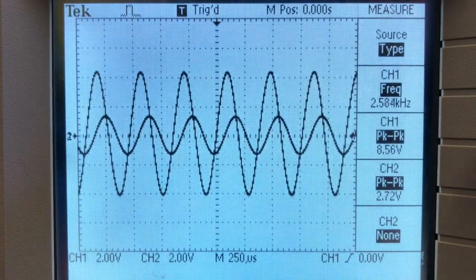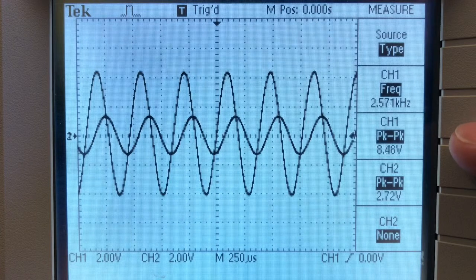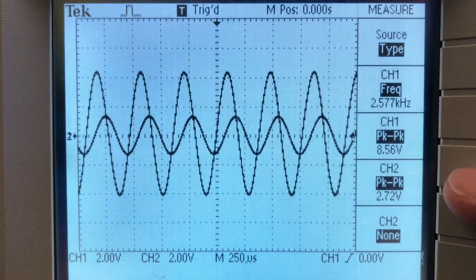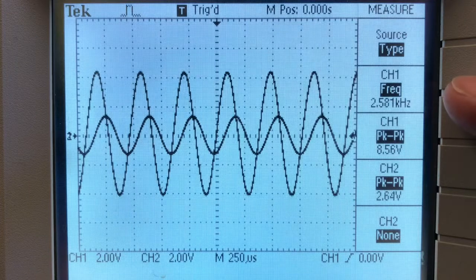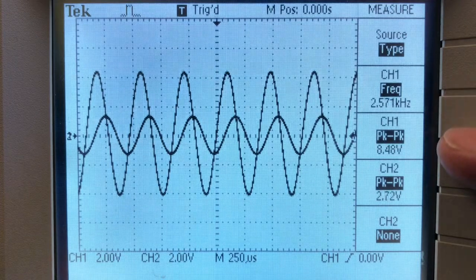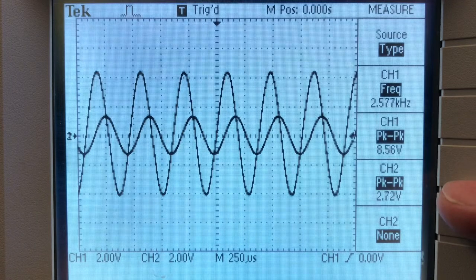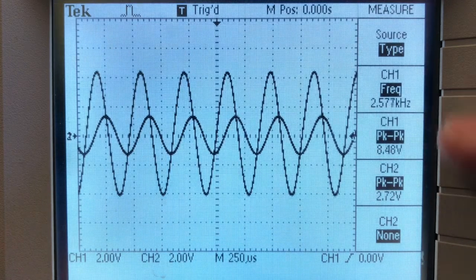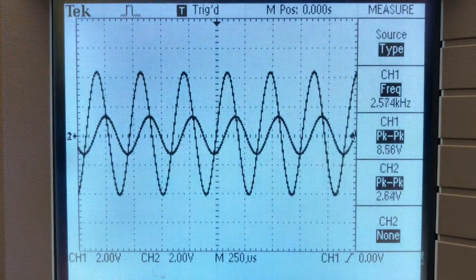So VO is channel 1, that's at about 8.5 volts or so. And then channel 2, which is VR, that's the voltage across the resistance box, is 2.72. So those three measurements, the frequency, VO on channel 1 and VR on channel 2, are the three things we need from this screen. The other thing we need is the time offset between the waveforms.